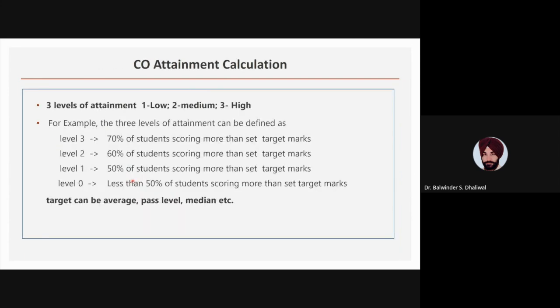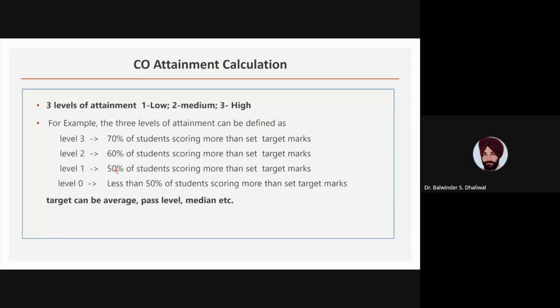First, we are considering these definitions of levels. In this definition, there is a particular target marks we need to set. Those target marks are set as 50% in these calculations which I am showing.